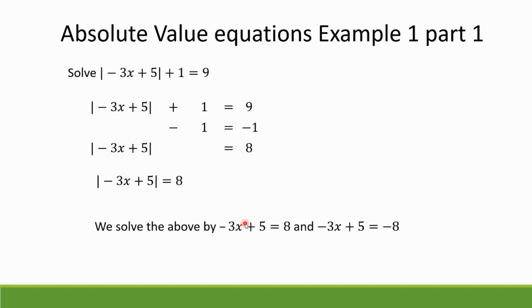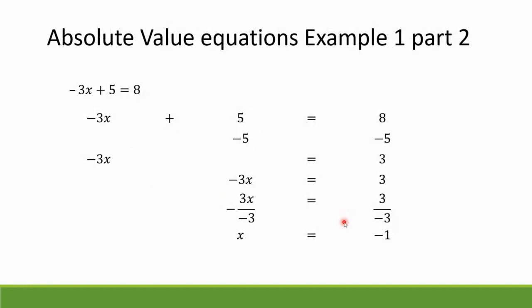So we have negative 3x plus 5 equals 8, and negative 3x plus 5 equals negative 8. So we have 2 equations to solve. Not just 1, but 2. So that's what we have here.